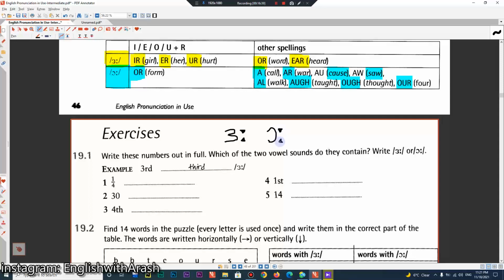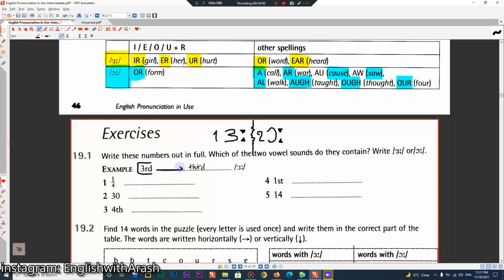So I have to choose which one. Let me call them number 1 and number 2 so you can easily tell me which one I should write. Example, third.